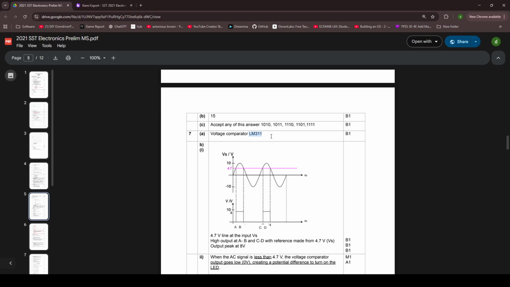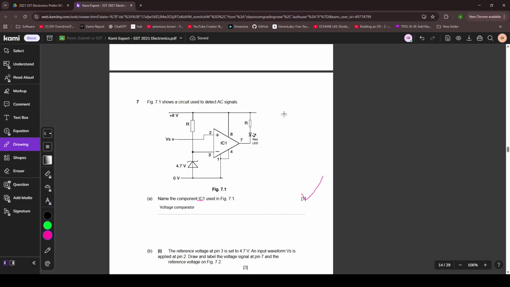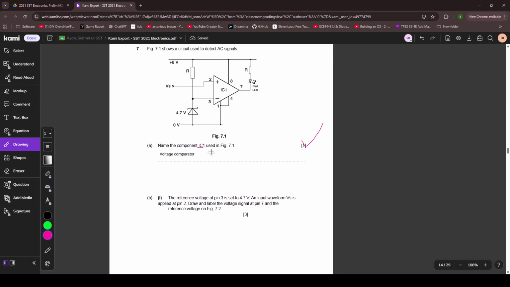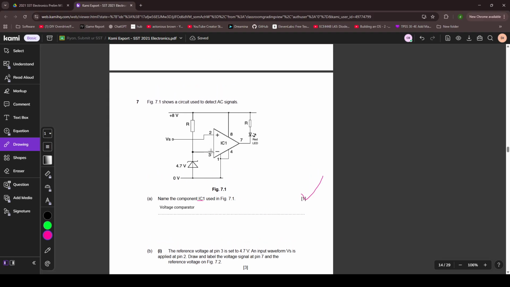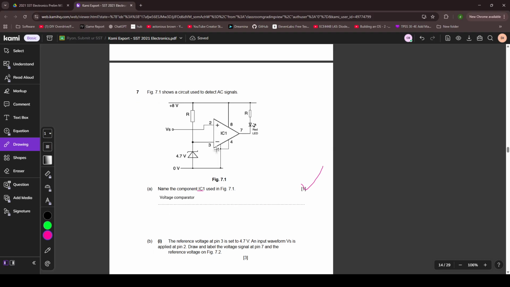What is the standard of electronics in this school? I mean... Okay, I'm gonna mark you right. I don't think in the O levels they're gonna ask you the actual IC code. Alright, anyway.